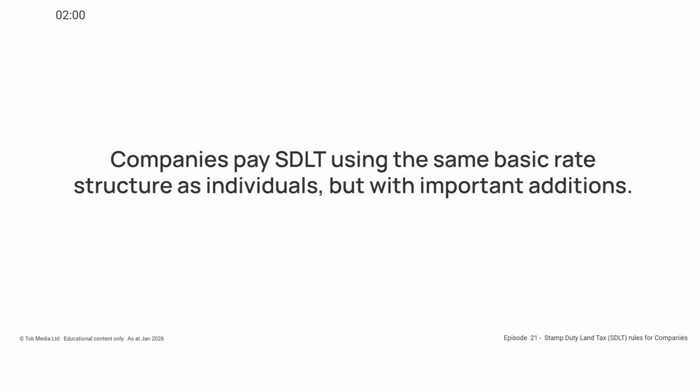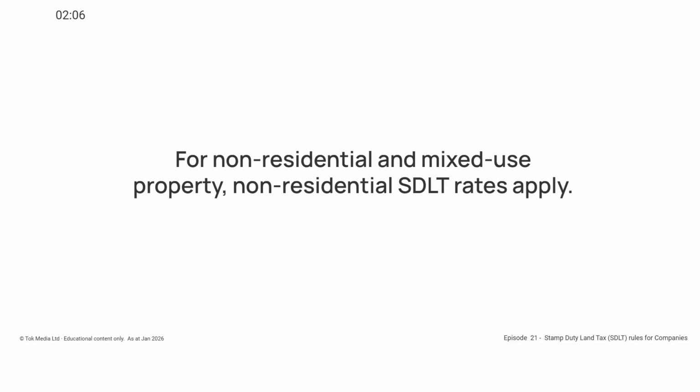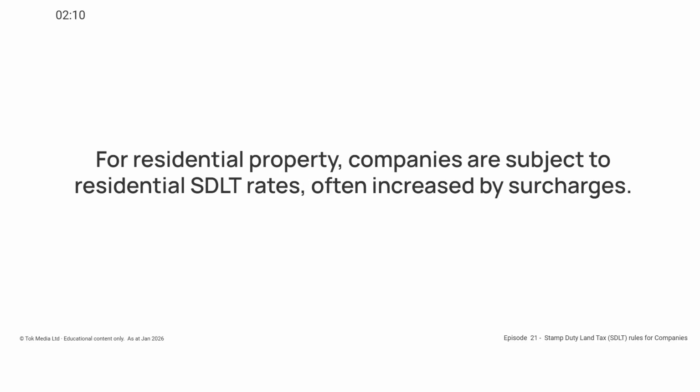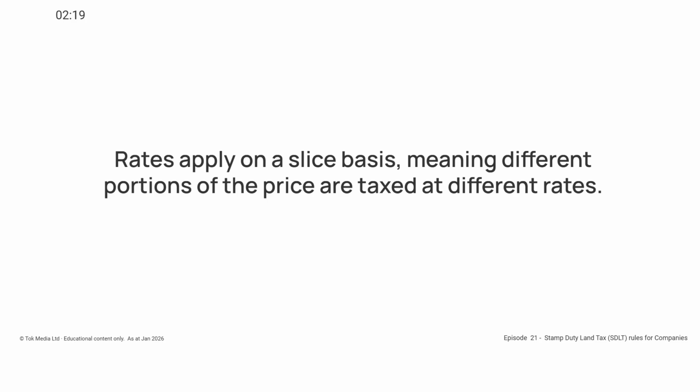Companies pay SDLT using the same basic rate structure as individuals, but with important additions. For non-residential and mixed-use property, non-residential SDLT rates apply. For residential property, companies are subject to residential SDLT rates, often increased by surcharges. Rates apply on a slice basis, meaning different portions of the price are taxed at different rates.